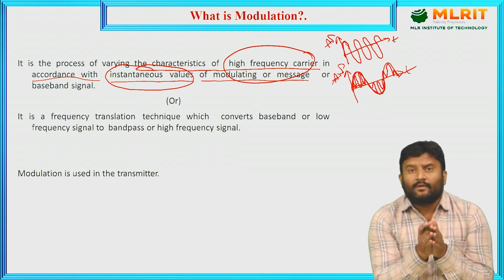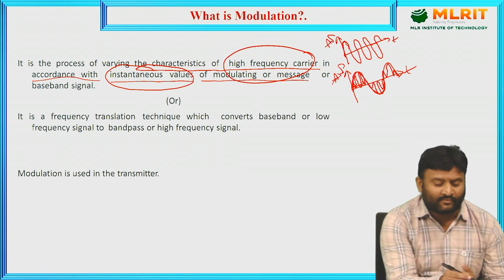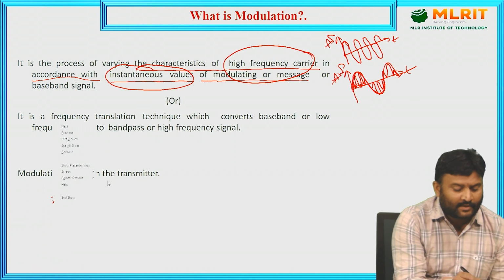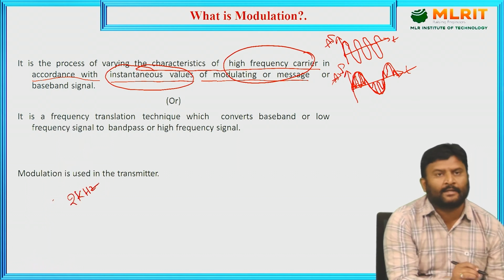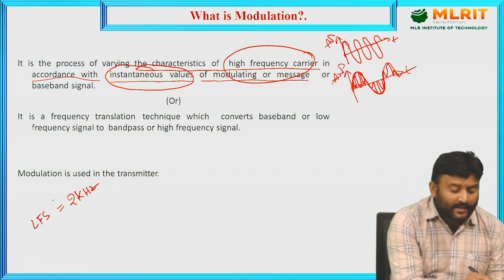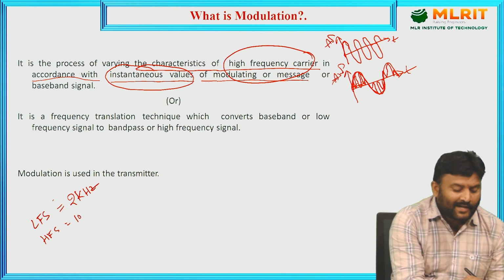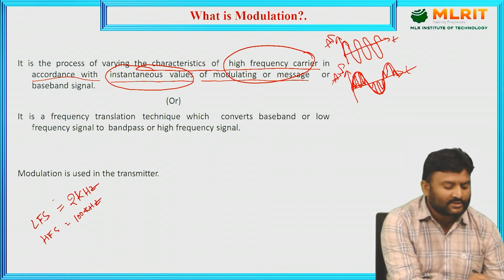Clearly observe, we are taking the low frequency signal. Clearly observe one thing mathematically. For example, I am taking a 2 kHz input signal. So this is the low frequency signal or message signal. Then I am taking the high frequency signal, for example, 100 kHz. So what is the low frequency signal?